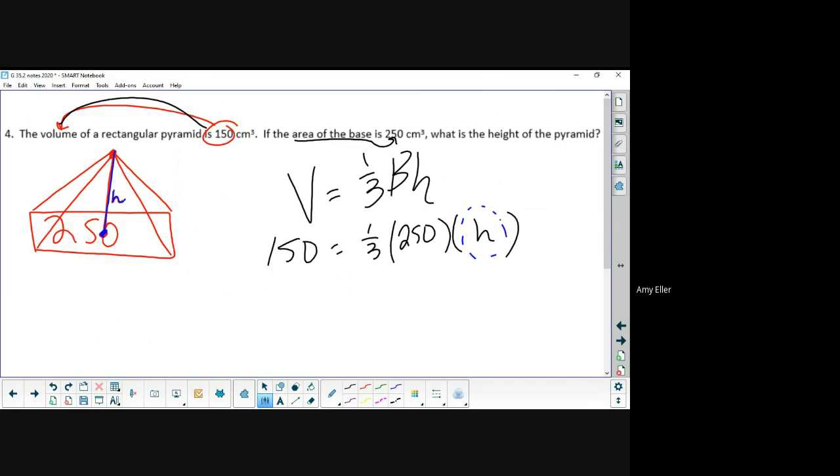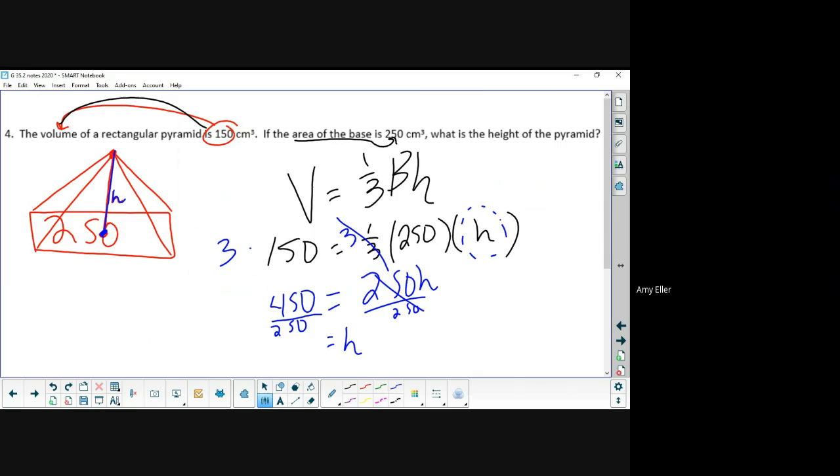How would I get rid of 1/3? Times by 3. So I times it by 3 on that side, it's gone, and times this side by 3. Now divide both sides by 250. Lily, let me know what you get, please.